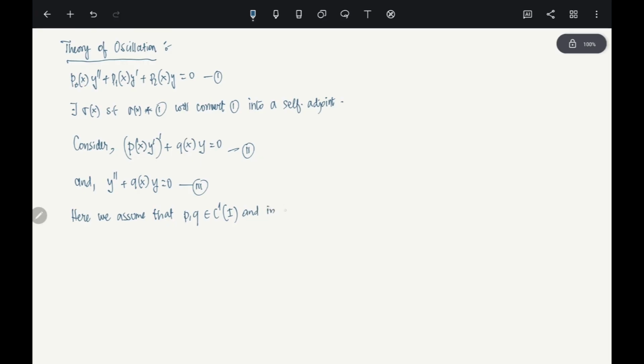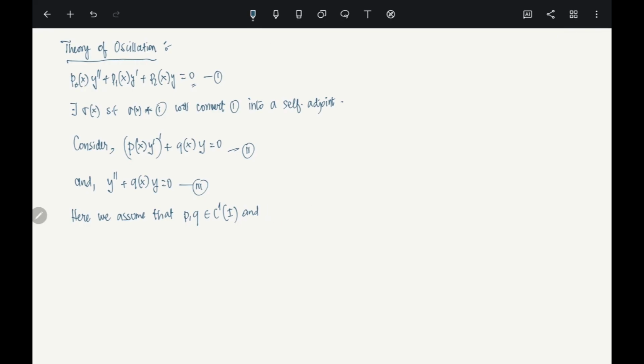Of course, you see, if P is C1, y prime is continuous and differentiable. So y is C2, right? Any solution of this is at least twice continuously differentiable. So y prime is continuous and it is differentiable. P is differentiable, y prime is differentiable, so I can talk about the derivative. So all of this makes sense, right?